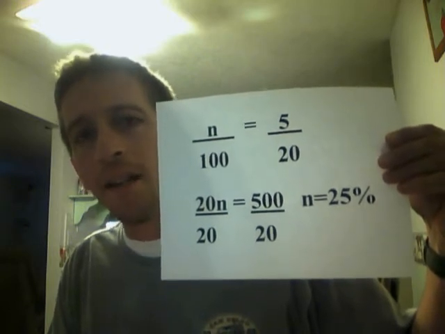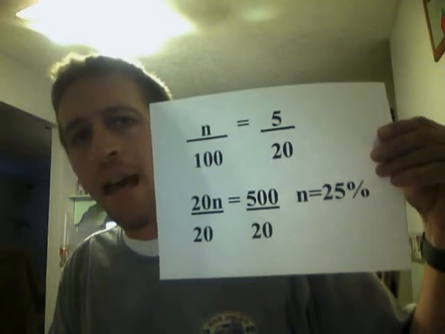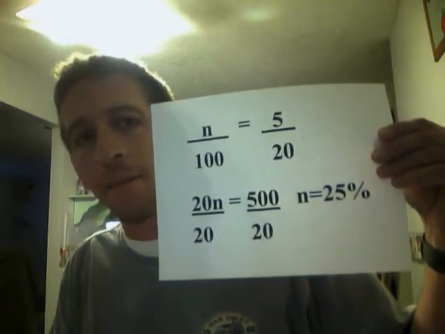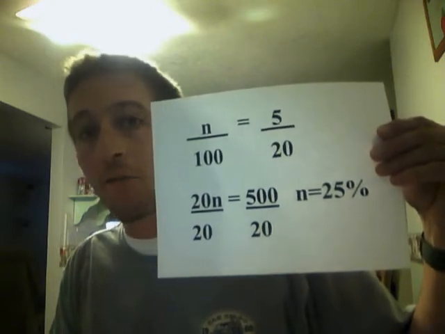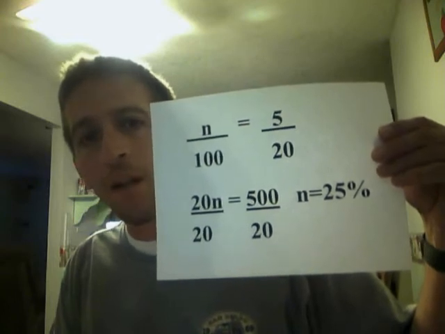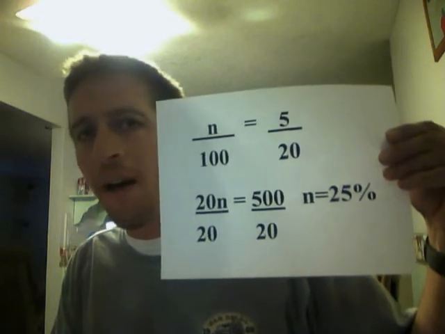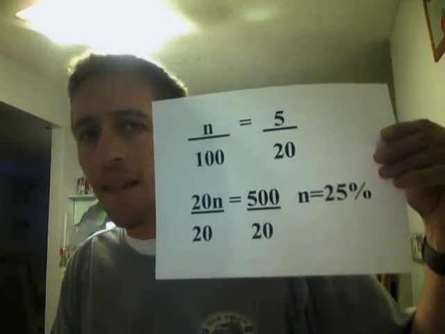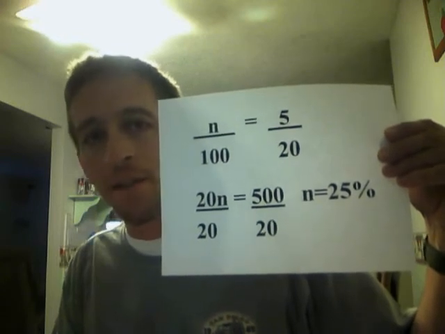I had 20 digits when I was born up to 2010. Then we have our decreased number of 5. 5 over 20. So with basic cross multiplication and a little bit of division, we will go 100 times 5, which gives us 500, and divide that number by 20, we come up with 25%.